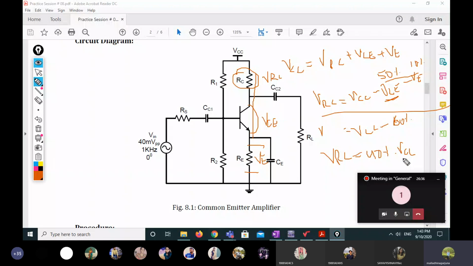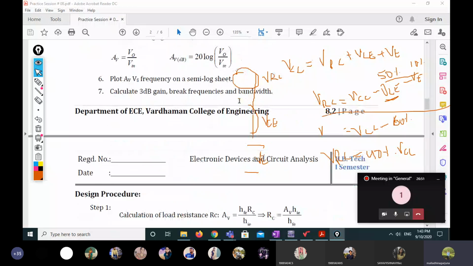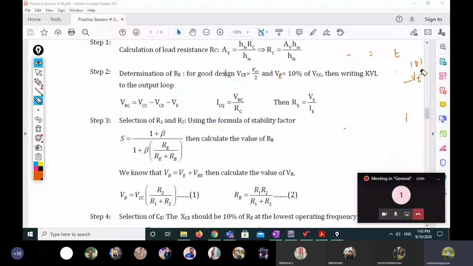Anyway, VCE is 50%, VE is 10%, and whatever the remaining portion, the 40%, will be your VRC, the voltage drop across the RC resistor. So the final thing, VRC equal to VCC minus VCE minus VE. Okay, right?